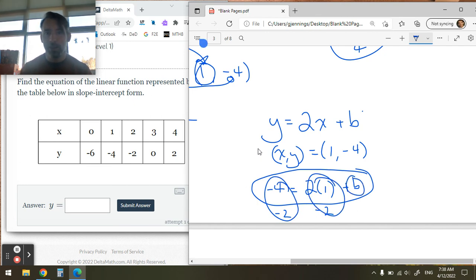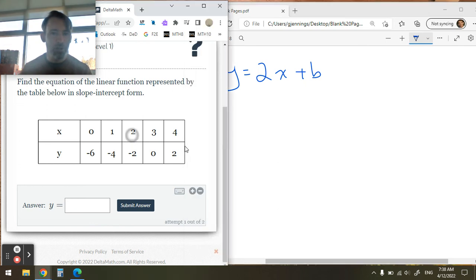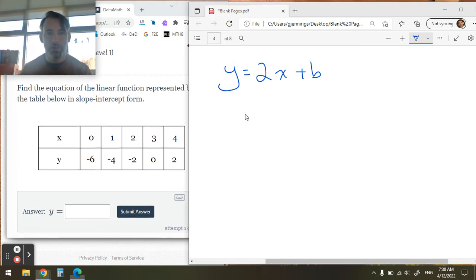Let me write that out a little better for you. I'll do another point. I have y is equal to 2 multiplied by x plus some number b. Let's take the point (2, -2) and substitute that in. So I'm going to put in negative 2 for y is equal to 2 times 2 for x. And I should get the same answer for b.